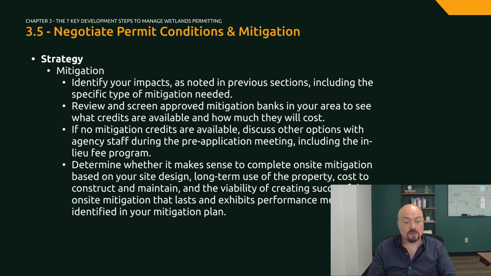If no mitigation credits are available, discuss other options with agency staff during the pre-application meeting, including the in lieu fee program. Finally, determine whether it makes sense to complete on-site mitigation based on your site design, long-term use of the property, cost to construct and maintain, and the viability of creating successful on-site mitigation that lasts and exhibits performance metrics identified in your mitigation plan.